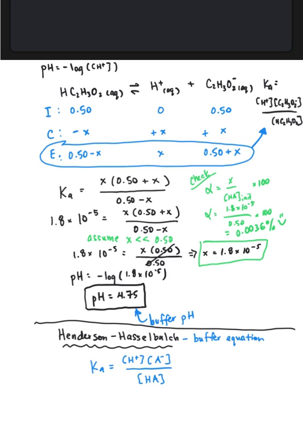What we're going to do here with this generic equation is just go ahead and take the negative log base 10 of both sides. We're going to take the negative log base 10 of our Ka value and the negative log base 10 of the ratio H+ times A- divided by HA at equilibrium.